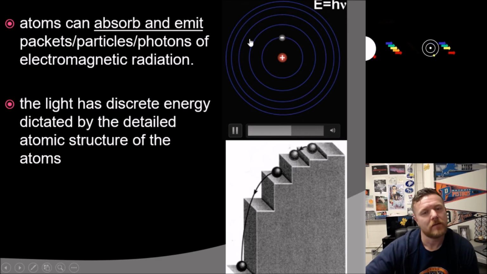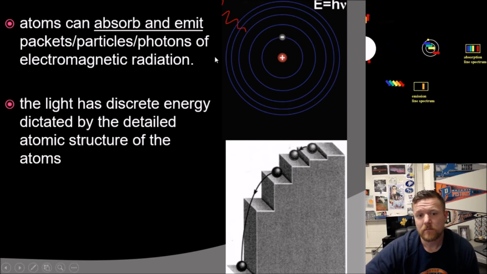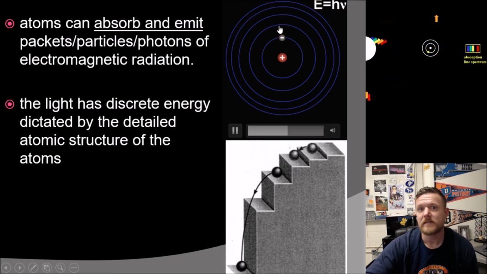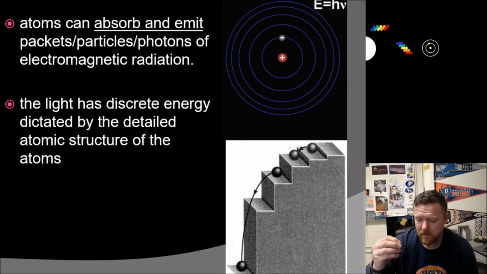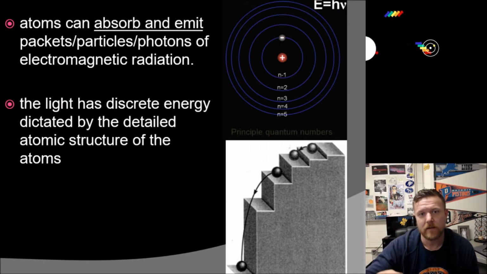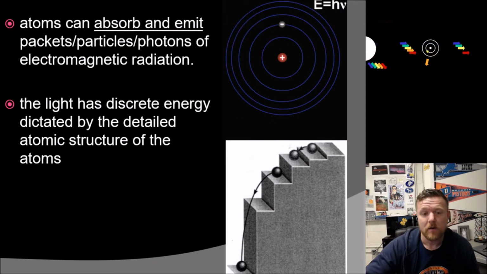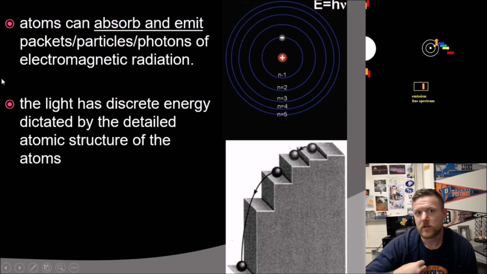Electrons always want to be in the lowest energy state though. So at some point, this little electron, after bouncing up, is going to release that energy, and the amount of energy that it releases is a photon of that exact wavelength, that exact amount of energy. So it would be the exact same color that was absorbed when it originally took in the energy.